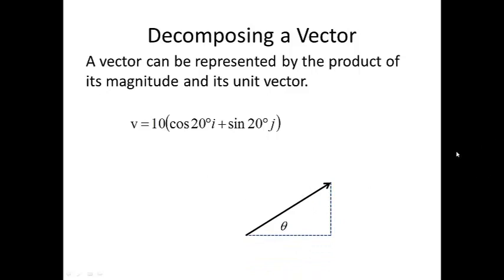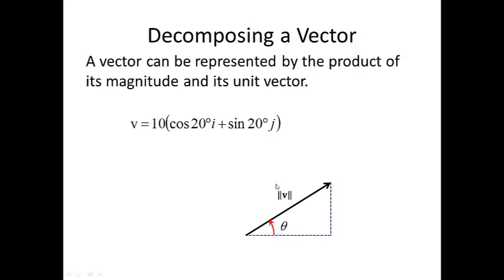We would have angle here, and the magnitude is going to be how long that vector is. In this case, it would be 10. And theta is 20. So we use the SOHCAHTOA for this right triangle.